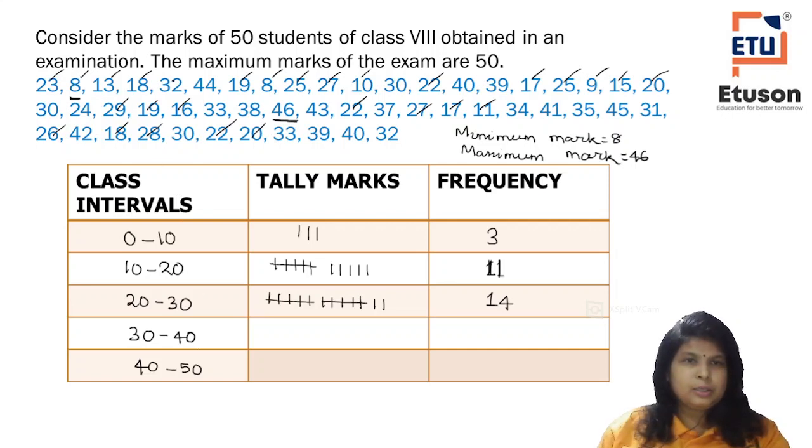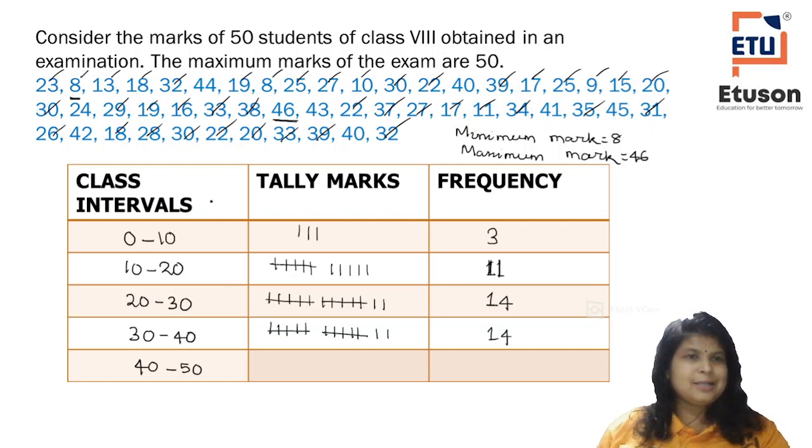Here comes 1, 32, 2, 3, 4, 5, 6, 7, 8, 9, 10, 11, 12, 13 and 14. Okay, so it's the same as 20 to 30. So it is 14. Correct.